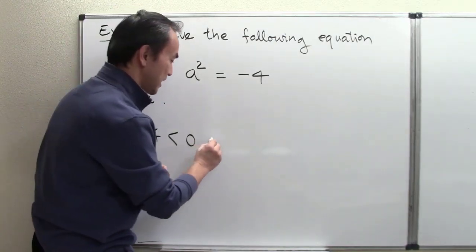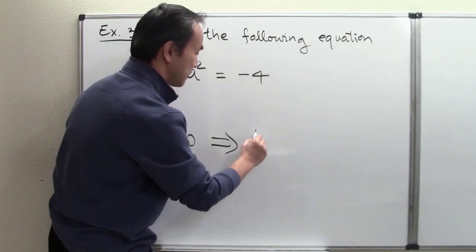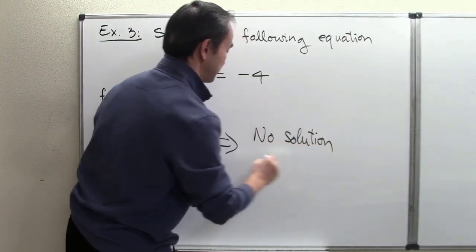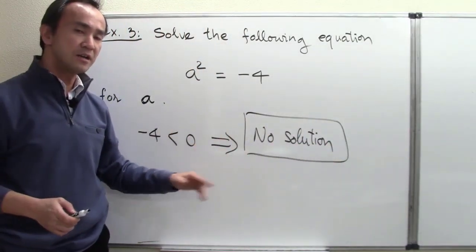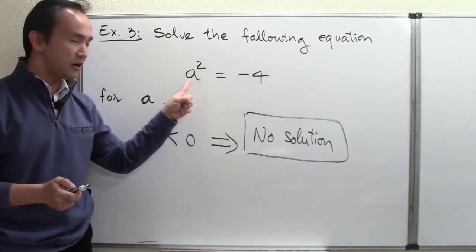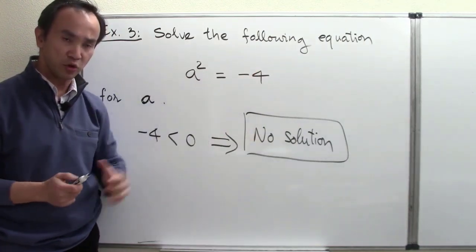So in this case, my straightforward and only possible answer is no solution. I brought in this example, which sadly had no solution, meaning we cannot find a value for the unknown satisfying this equality. That's what no solution means.